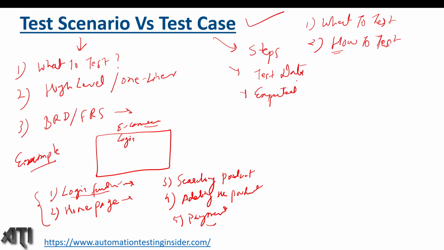We have already spoken many times about test cases. So these are the information a test case contains. It focuses on two things, what to test and how to test, whereas a test scenario only talks about what to test. So this is about test scenario and test case. Now let's talk about the other differences between test scenario and test case in detail.